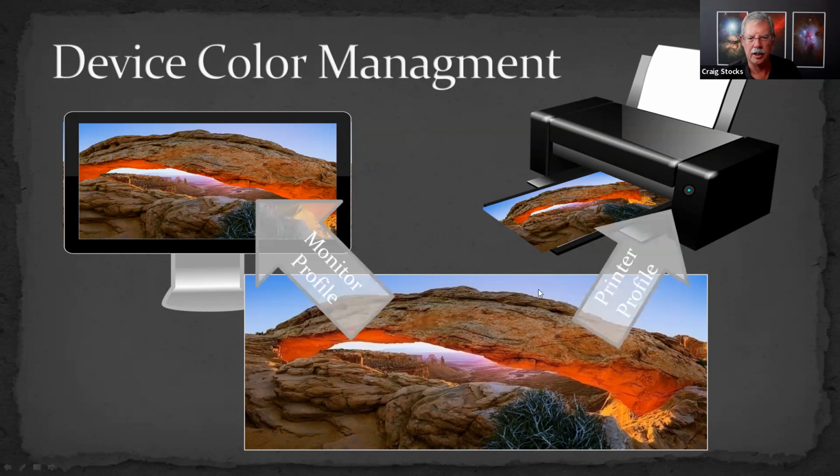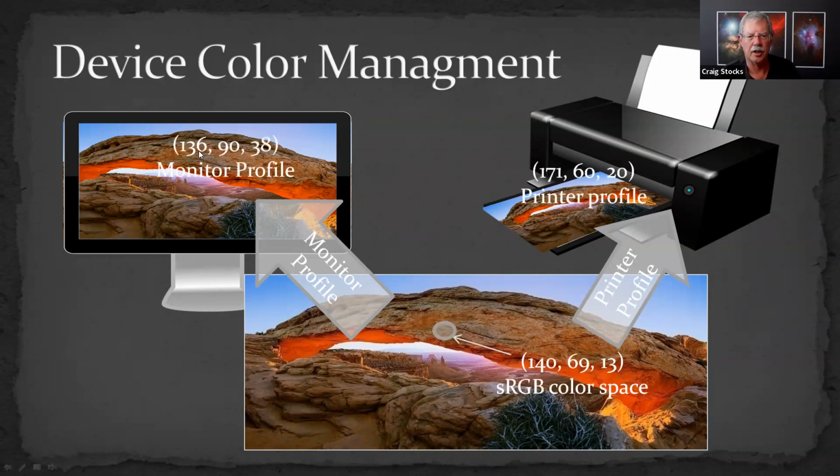It's that color management that can apply a monitor profile to translate the colors from the source image to the monitor and from the source image to the printer, so that whatever number in the RGB color space is in the image, it will get translated into appropriate numbers that will give you the same color on both the monitor and the printer.